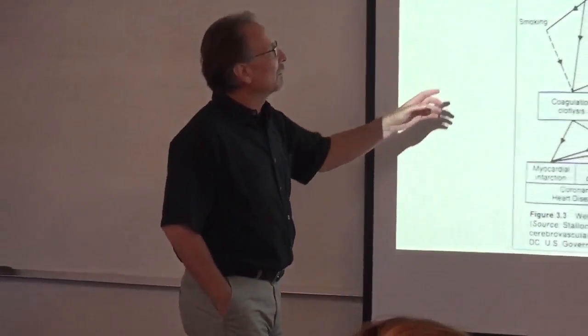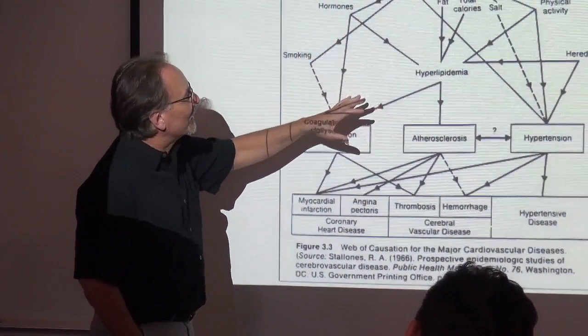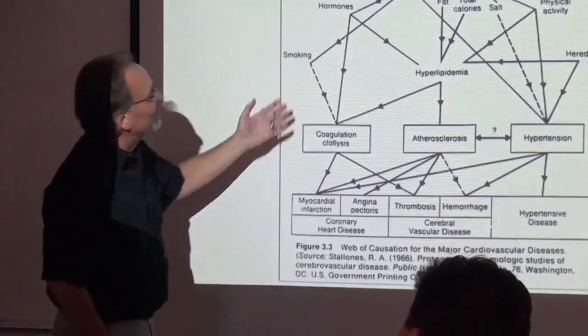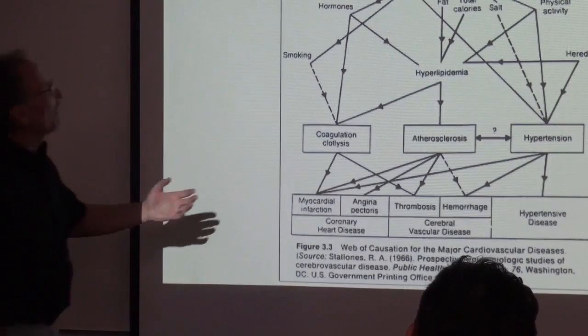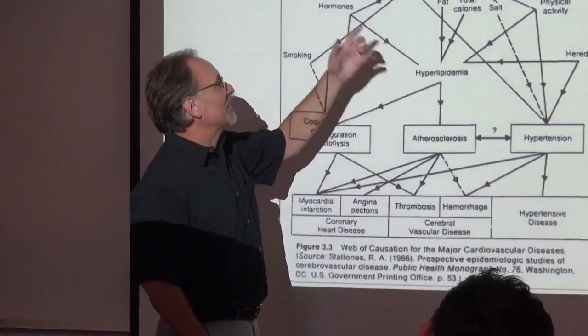So you can see that we have these dietary and environmental and hereditary things that influence each other. Hyperlipidemia being just too much fat, basically, and that's affected by diet, stress hormones, smoking, physical activity, heredity.